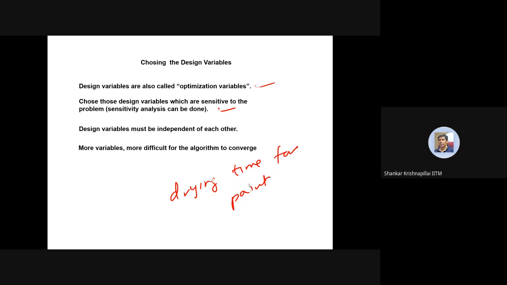So you have to use some sort of sensitivity study and find out which variables are important for this objective function. The more variables, the more difficult it is for the algorithm to converge. Suppose your objective function has 10 variables, then the algorithm will struggle very much to find the suitable solution. It will struggle to converge with these 10 variables.